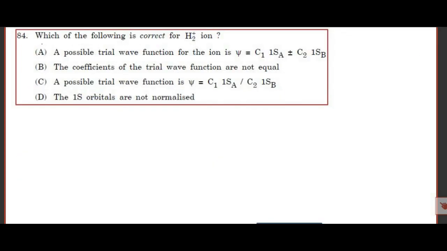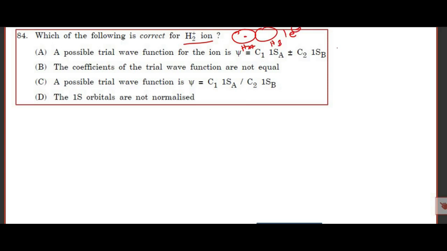Question number 84. Which of the following is correct for the H2 plus ion? The H2 plus ion is HA and HB, which has only one electron.